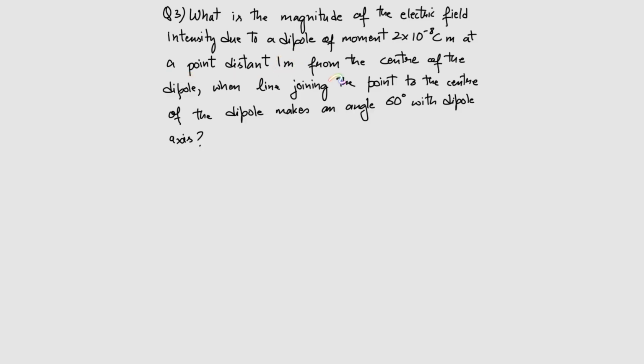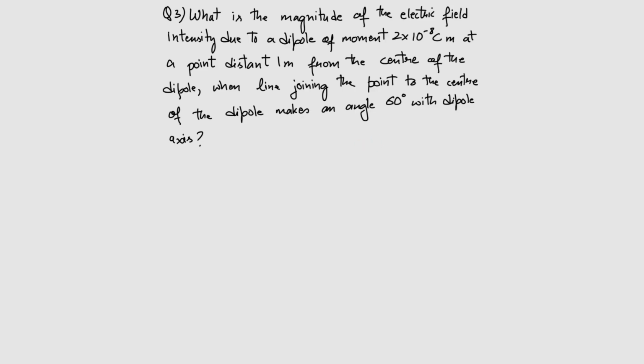So this 1 meter is the value of R from the center of the dipole, when the line joining the point to the center of the dipole makes an angle of 60 degrees with the dipole axis. This is a question based on electric field at any point, not on the axial or the equatorial, but at any point.